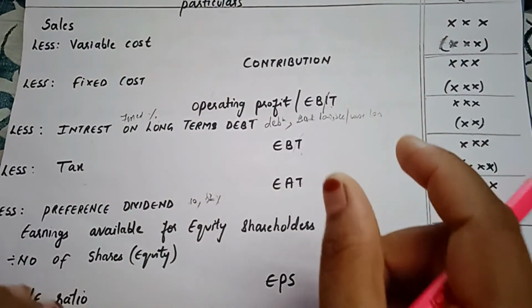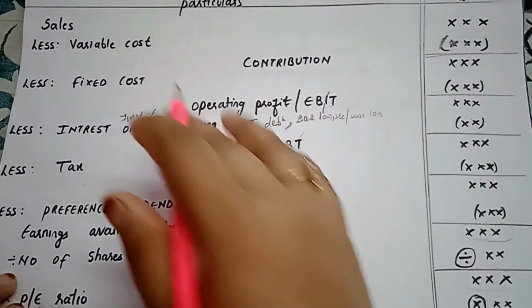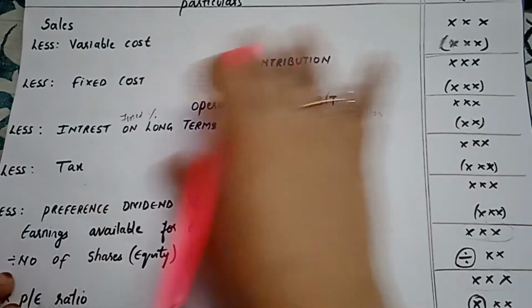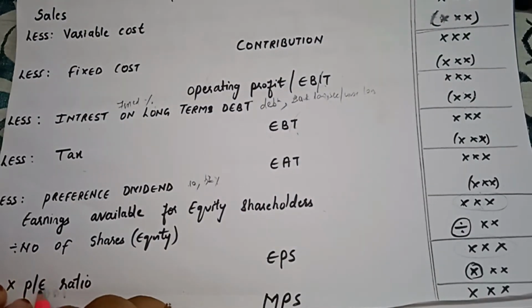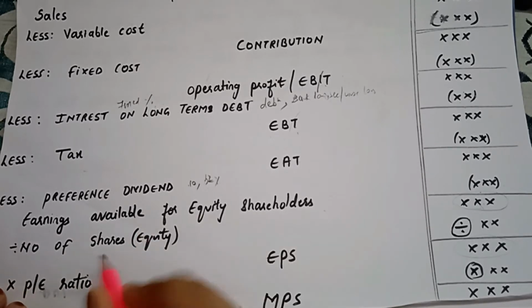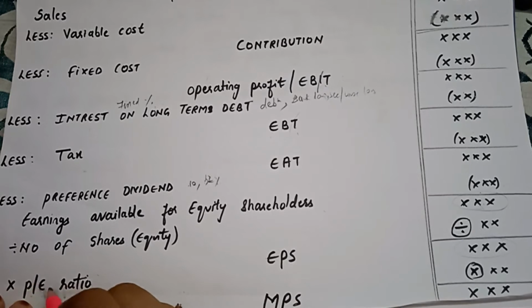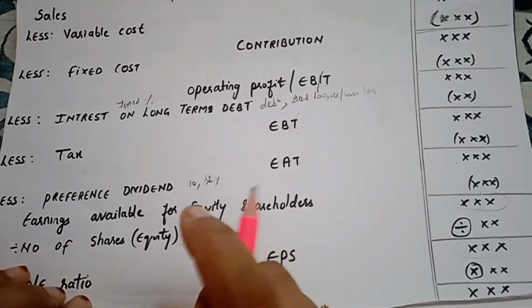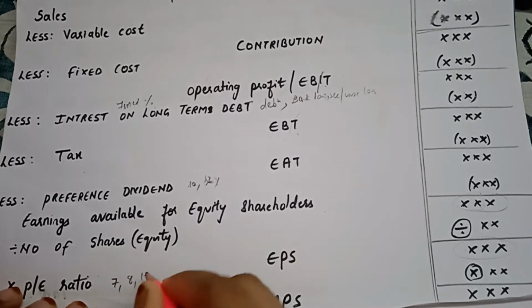So that particular market value, depending on the market, depending on the competition, everything, one ratio is calculated, that is called the price earning ratio. Okay, for how much of earnings, what price you'll be getting. That's nothing but the PE ratio. So you will have some PE ratio, like 7 times or 8 times or 10 times.